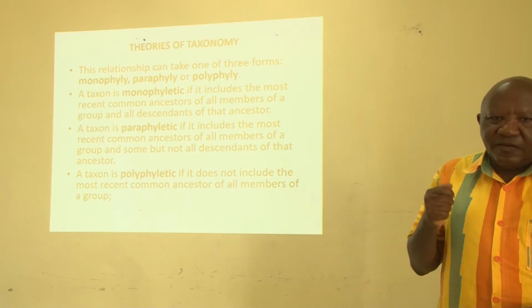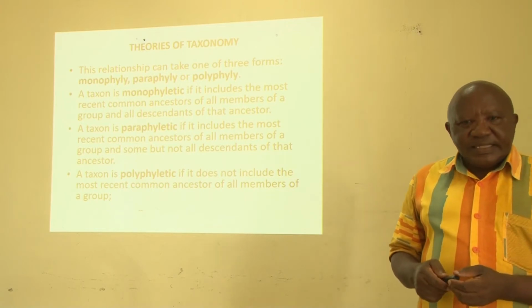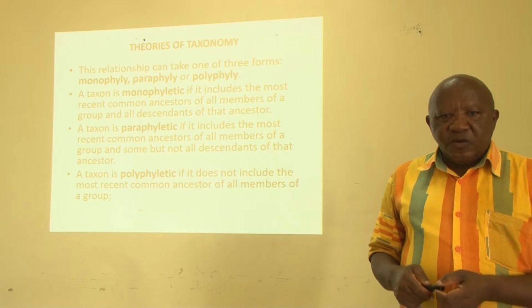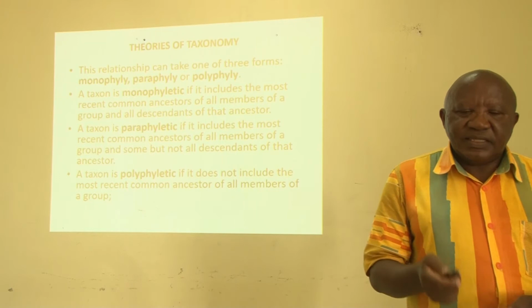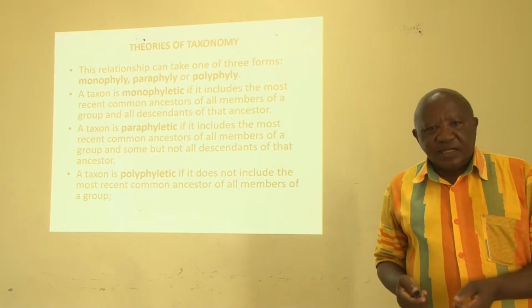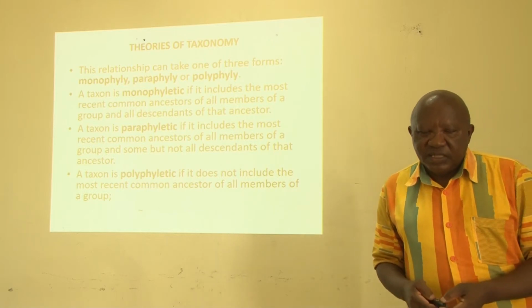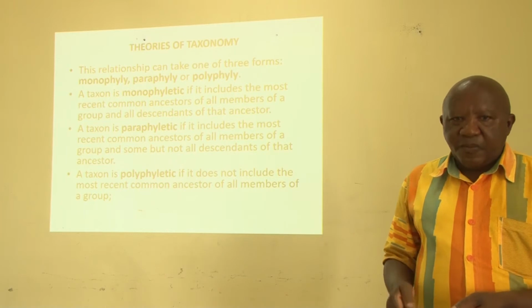A taxon is paraphyletic if it includes the most recent common ancestor of all members of a group and some but not all descendants of that ancestor. A taxon is polyphyletic if it does not include the most recent common ancestor of all members of the group.